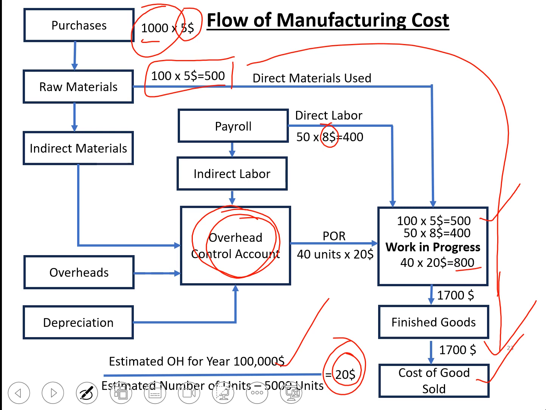It is in the balance sheet. In what form? First, it was in the form of raw material. Then it was in the form of work in progress, and finally it was in the form of finished goods. All this time, all your cost was lying in the balance sheet in the form of inventory, though it was termed differently, like raw material, work in progress, and finished goods.